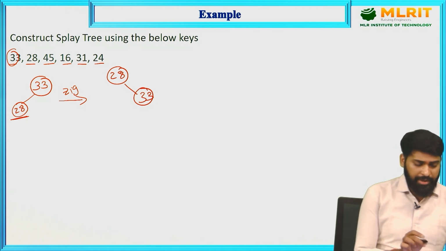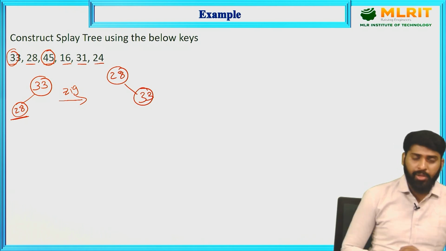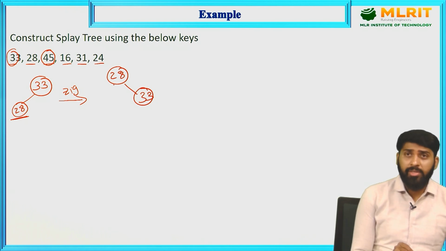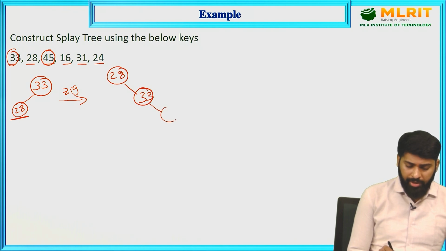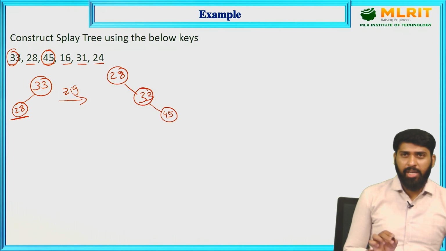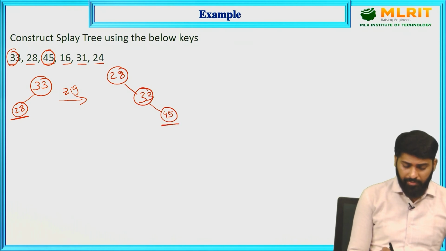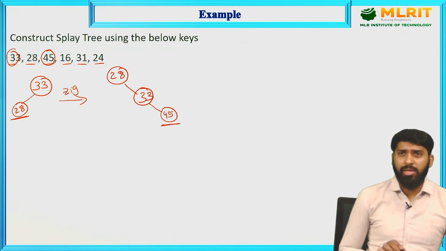Okay, next number 45. 45 is greater than 28, so traverse to the right of 28, and 45 is greater than 33, and 33 doesn't have any right child. So, insert 45 as the right child of 33. Now, as per the splay tree definition, make 45 the root.